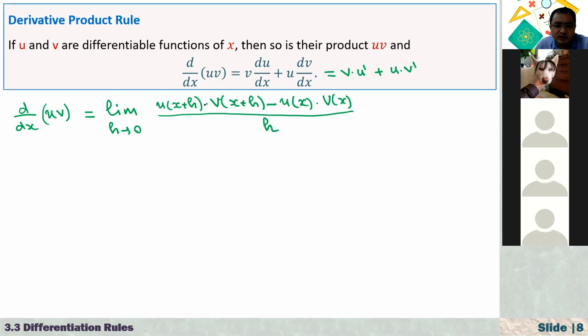I'm just using the definition: f of x plus h minus f of x over h, where here f is u times v, the product of two functions.